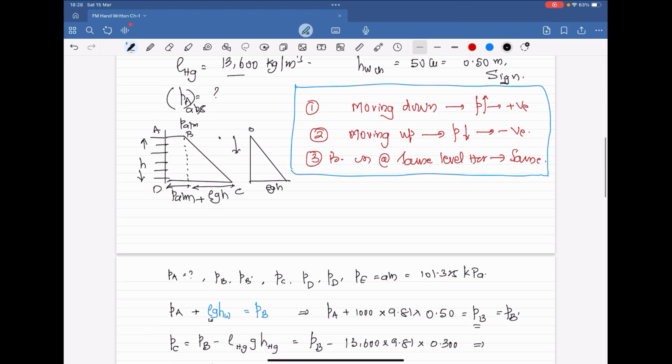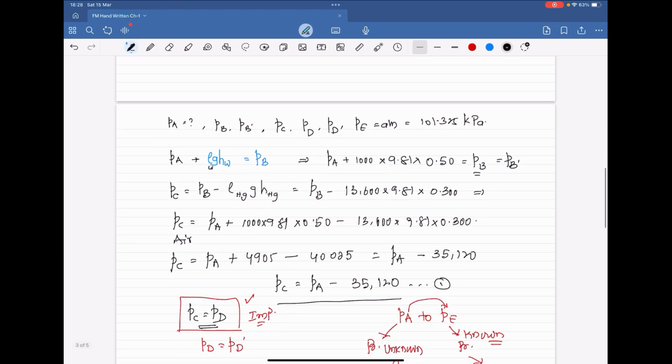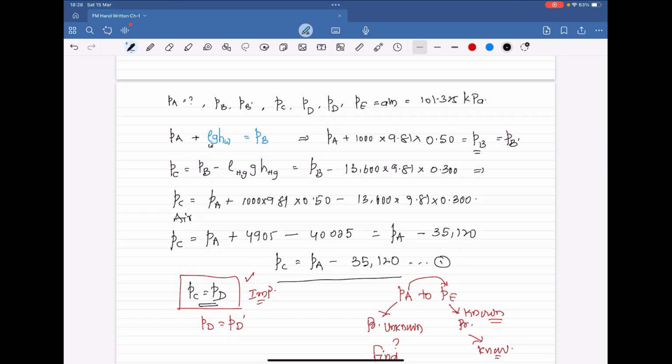When you are moving down, it is positive. From A to B, you have added the pressure column. When we are moving from B dash to C, the fluid column pressure is subtracted because we are moving upside.